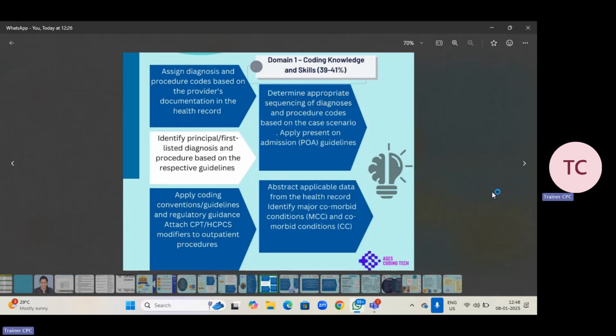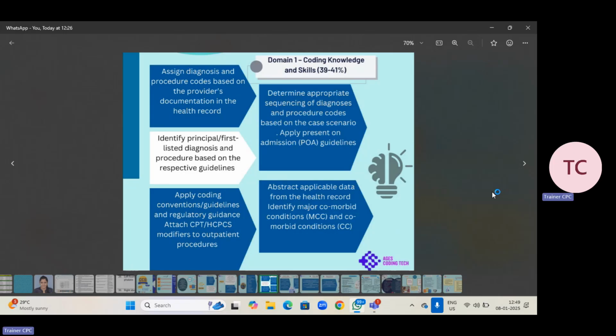If a patient is admitted for one condition and after getting admitted to the hospital he develops a lot of problems, then it means the quality of care provided by that hospital is very poor. So for identifying the quality of care provided to the patients, we will be using POA indicators, that is, whether a problem is present on admission or not. Those things we should abstract from the document.